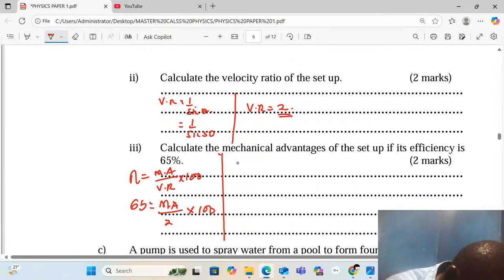Making MA the subject of the formula, it will be 65 times 2 divided by 100. And this will lead us to 1.3 as our mechanical advantage.